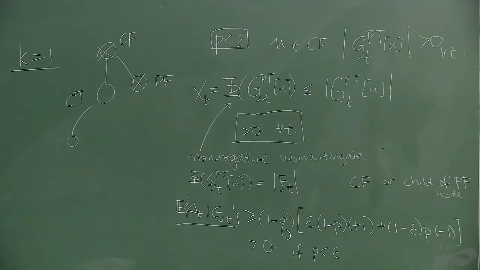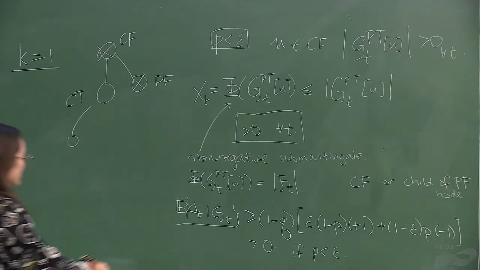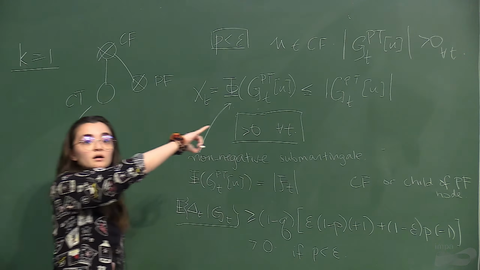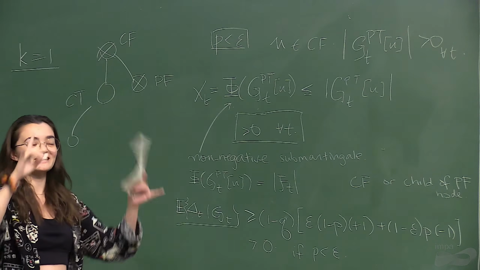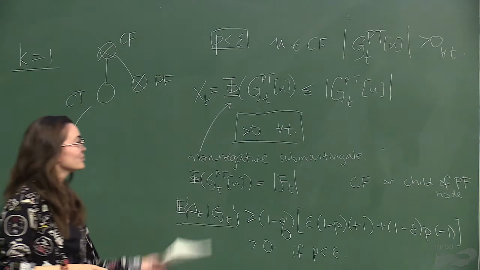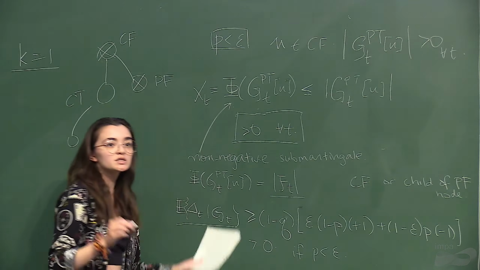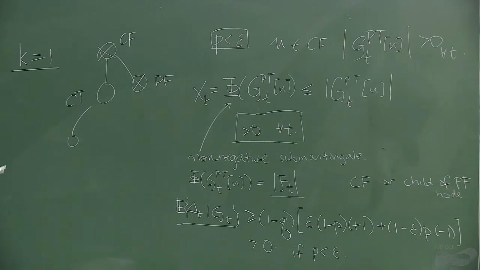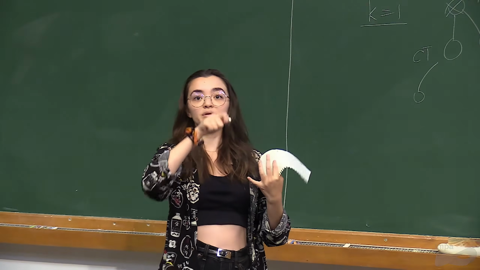And our more specific result for a threshold that can exceed epsilon is essentially by following a similar flavor of argument, where you try to find a submartingale that lower bounds the number of CF sub nodes in the subdag of some CF node U. And you design a submartingale to not just be the minimal false nodes, but also the leaf nodes, or some function depending on the leaf nodes, because in some sense the leaf nodes will propagate the error because at every time step you're going to be adding a new leaf, right?